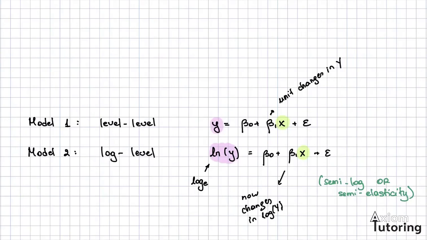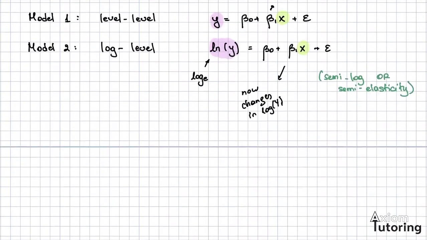There is a very key idea that is used here throughout. We're not going to dive too deep into that in this video, but this key idea that you have to remember is that there is an important approximation. Logs turn changes into percentages.